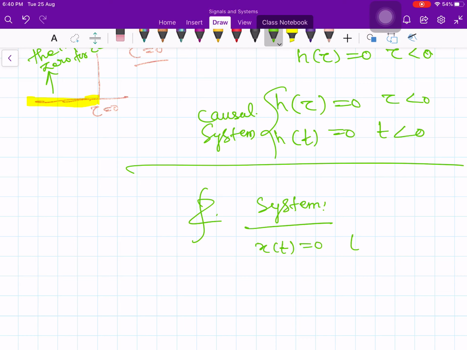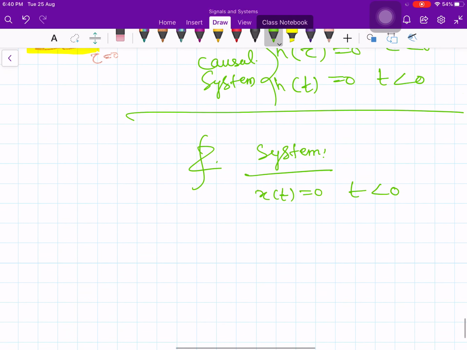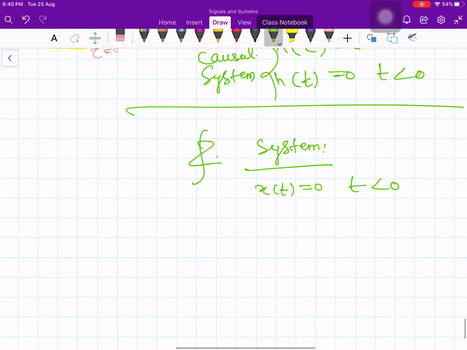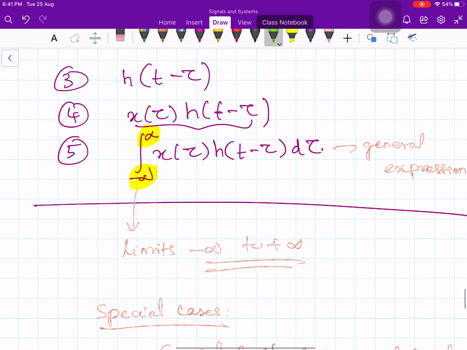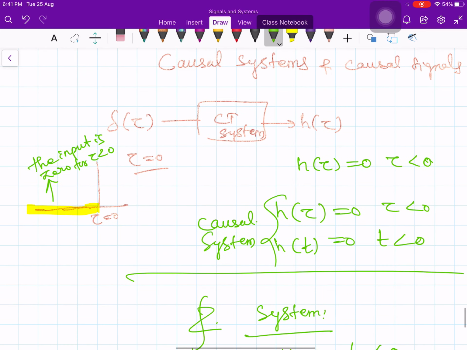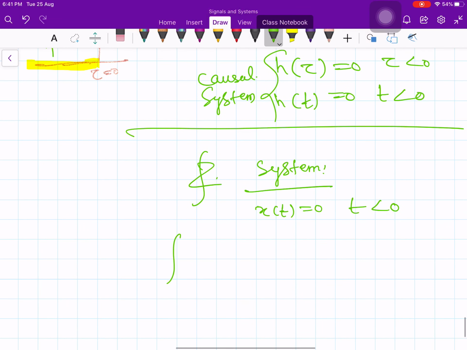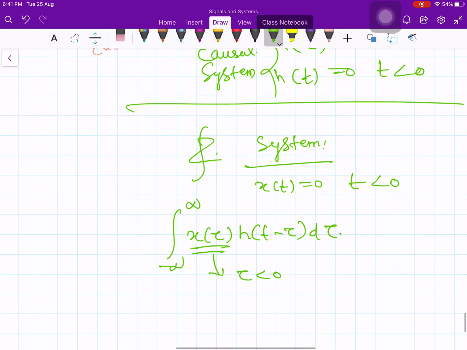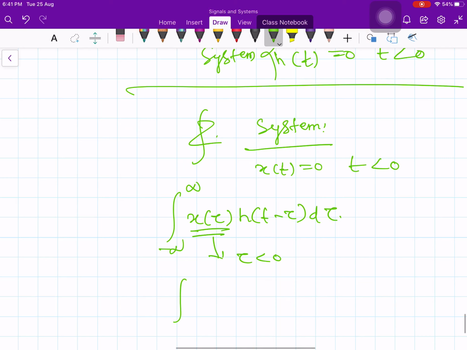Because of these two restrictions, this convolution integral will be changed. Originally it is from minus infinity to plus infinity, x of tau h of t minus tau d tau. Now, this x of tau is 0 for tau less than 0. Therefore, the lower limit is from 0 to infinity.